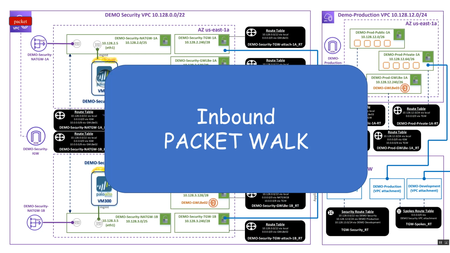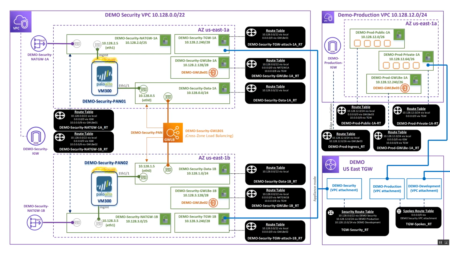So let's now talk about the inbound packet walk. Now, inbound packet walk, again, I have a public service and I want others to connect to it, and I want to be able to get that traffic to be inspected. So in this case, I have a packet that's originating from the internet. Somebody wants to connect to our web server.